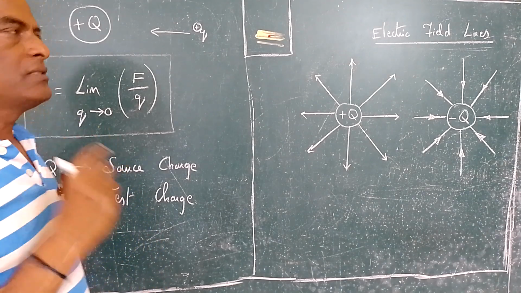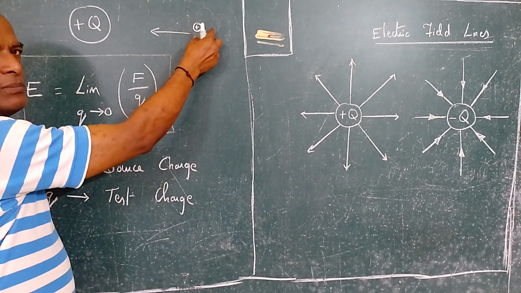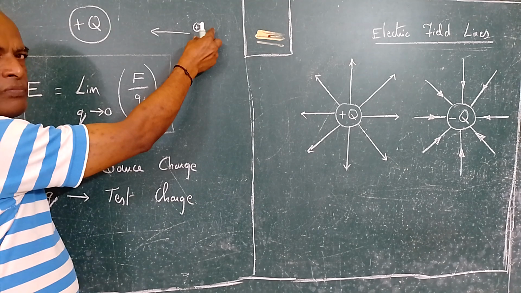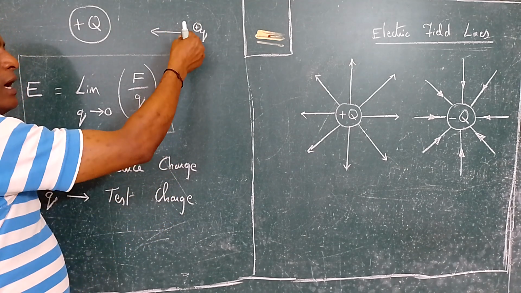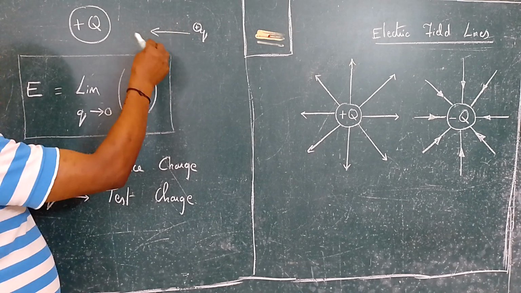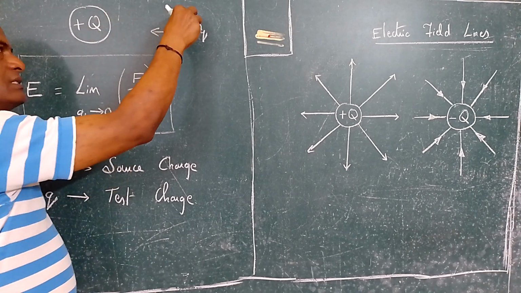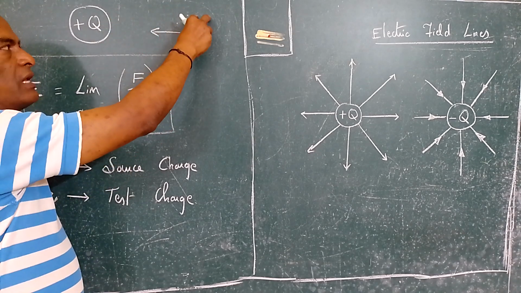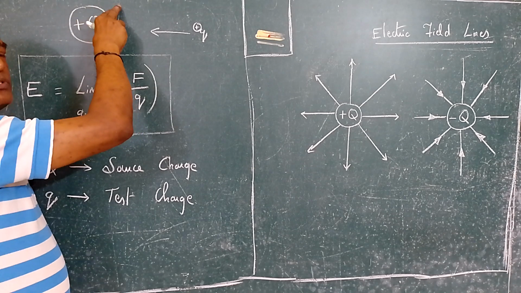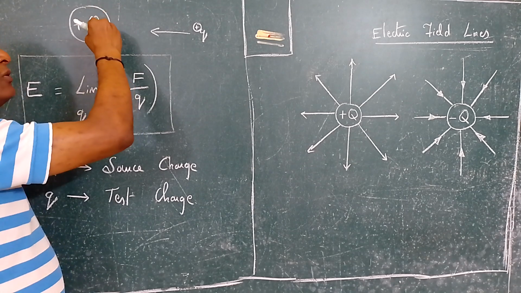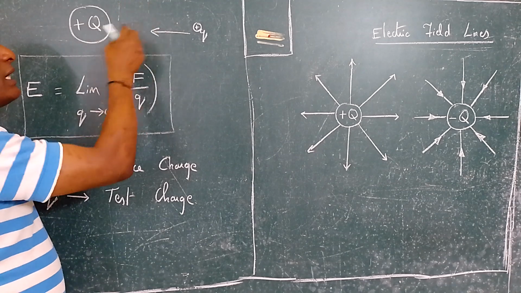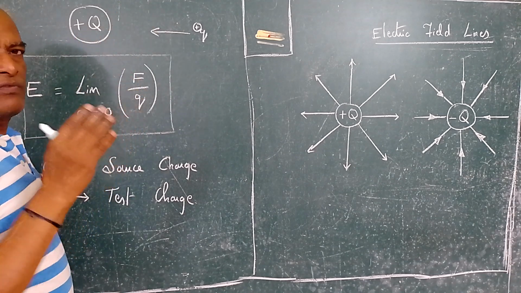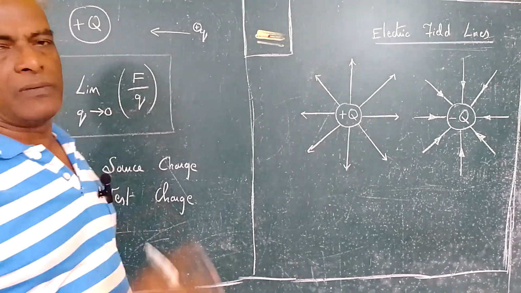So the idea is, this is highly negligible, that is the first point. Even if you try to move this, work is done, but this charge does not have an effect over plus Q because the magnitude of plus Q is very large, so that it is not moved away from its specified location.